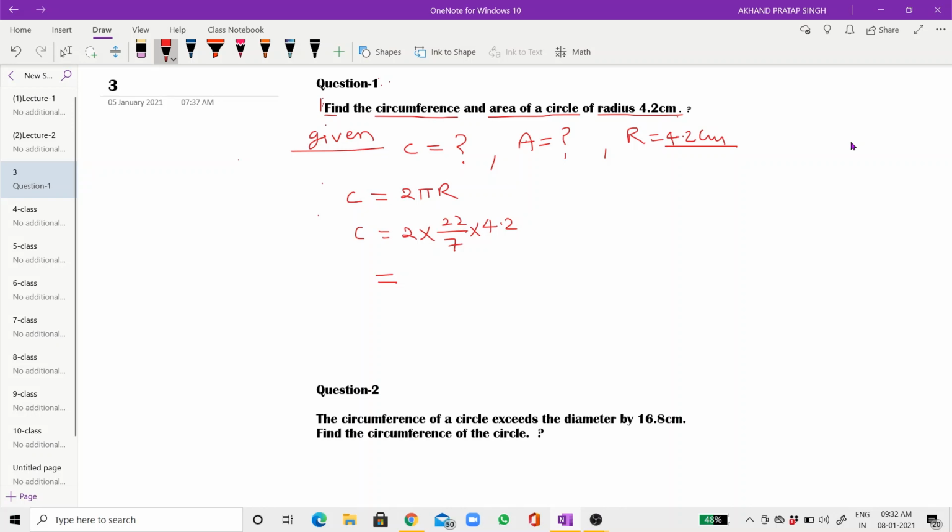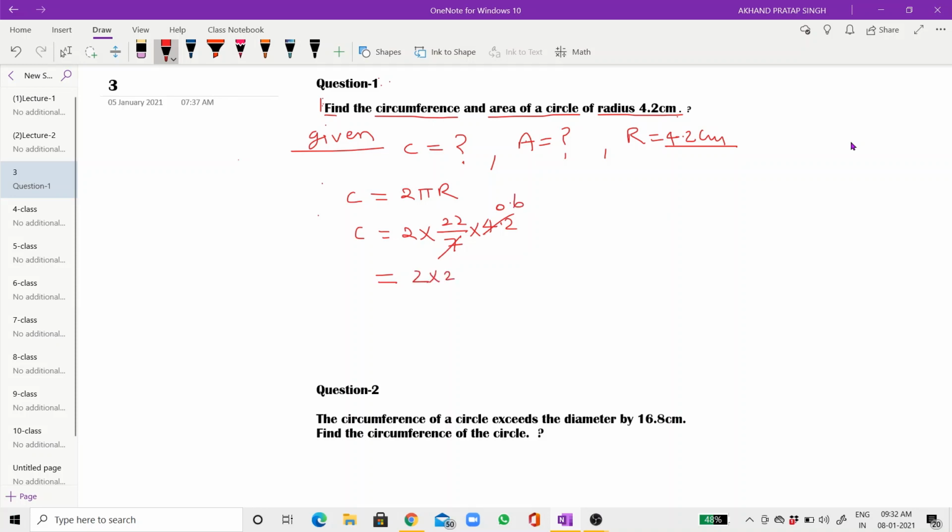So you can solve here. 7 sixes are 42, so 0.6.